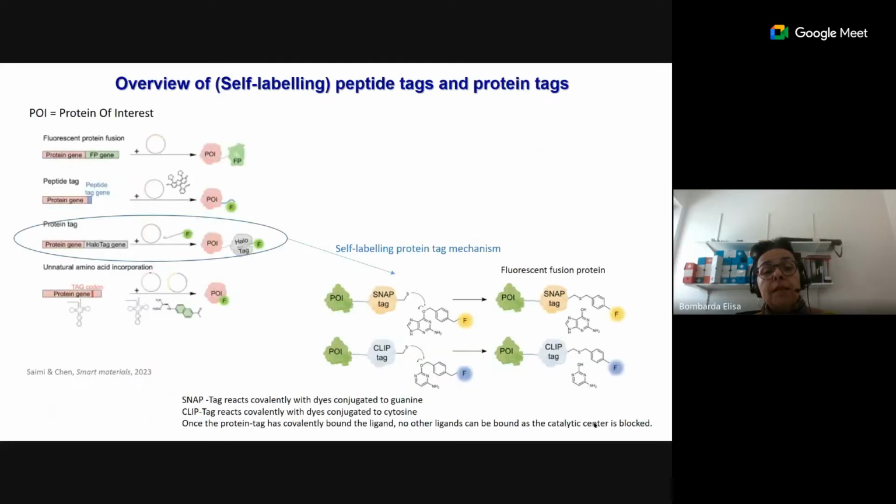So there is also another way to tag a protein.